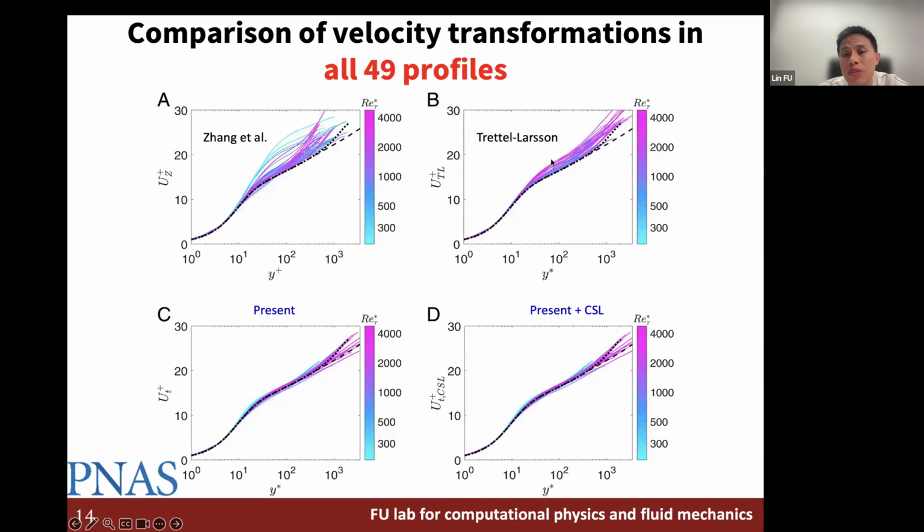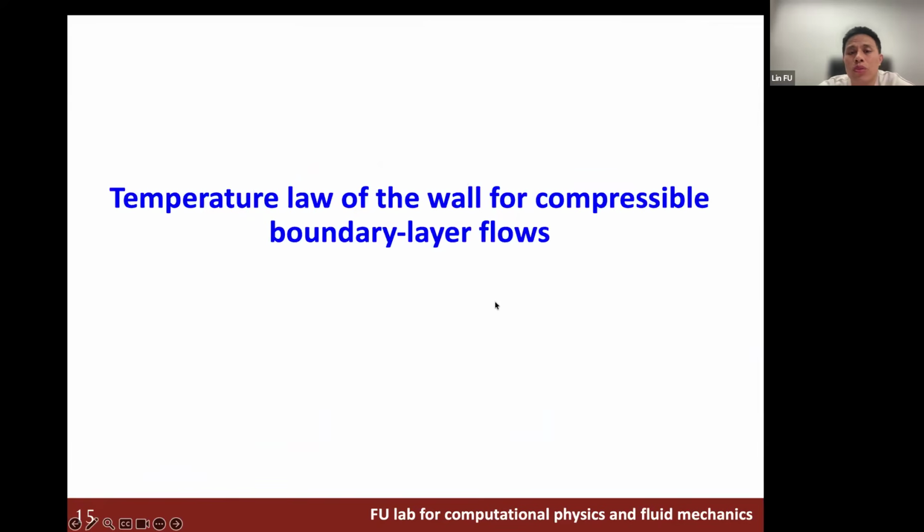The Trettel-Larsson transformation also deviates a lot in the logarithmic regime if it is not a channel. Our new transformation, which we call the total shear stress or GFM transformation, gives a perfect collapse: all the different datasets collapse to one single line, which means we get a perfect compressible law of the wall.